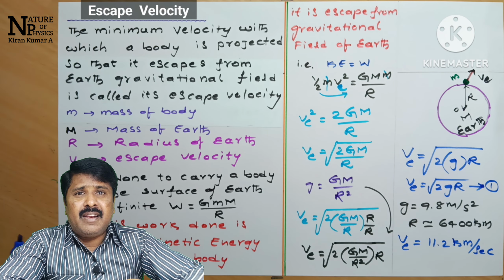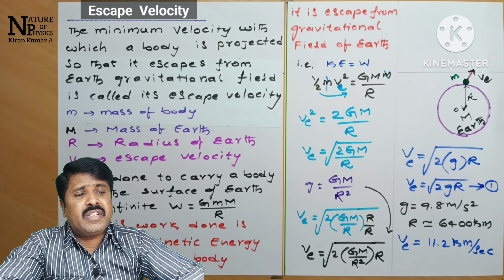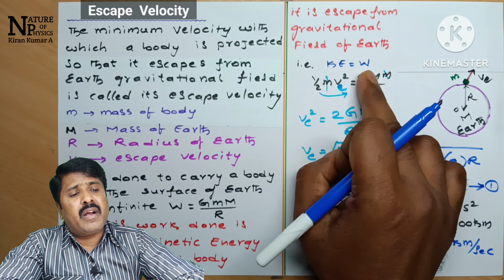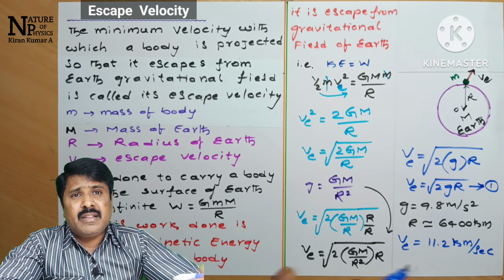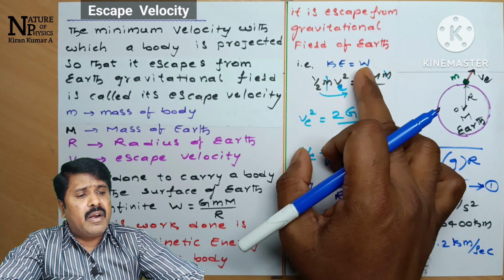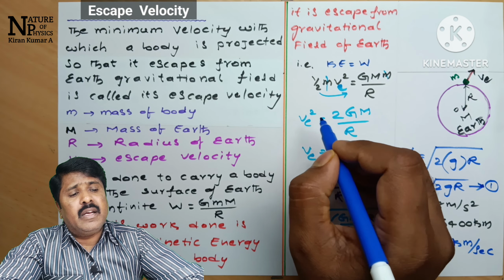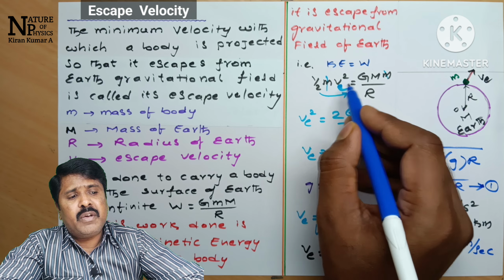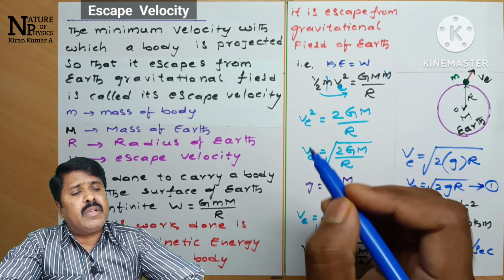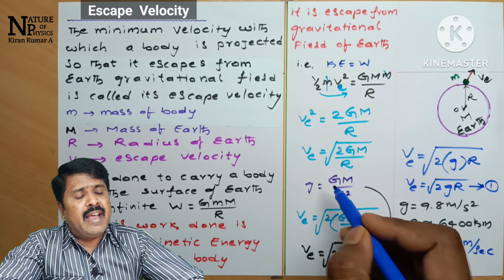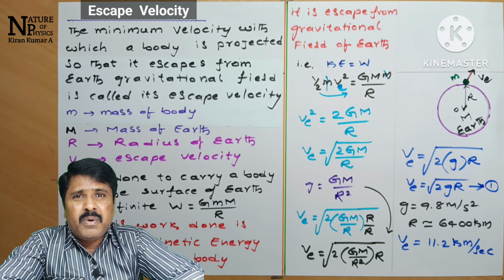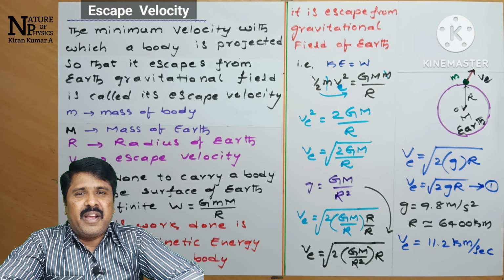According to the law that energy can neither be created nor destroyed, the work done is stored in the form of kinetic energy; the work done on the surface of the earth is in the form of potential energy. Both the kinetic energy equation and the work done equation are equated, so small m gets cancelled. I got the escape velocity equal to the root of 2 g R, students.